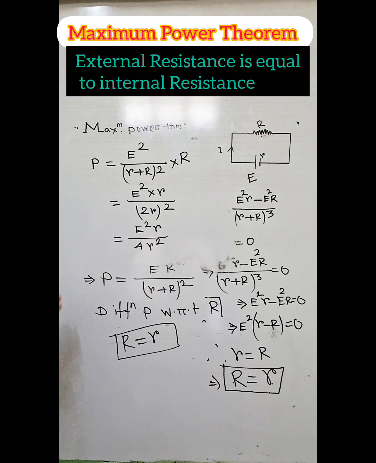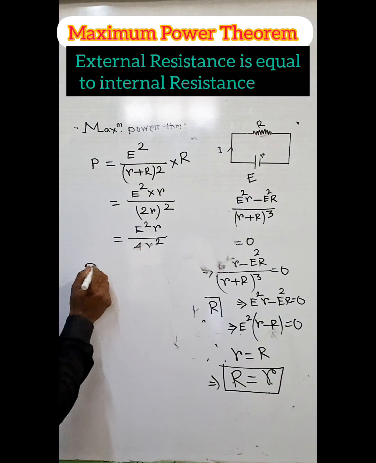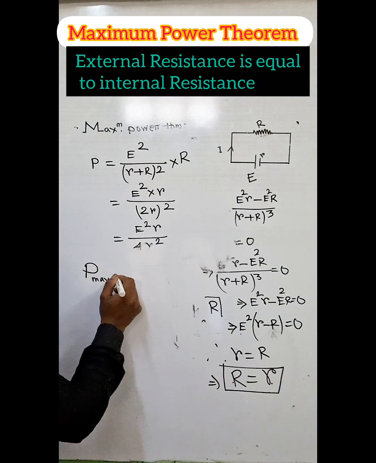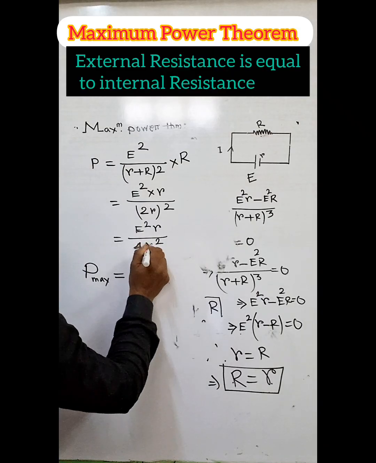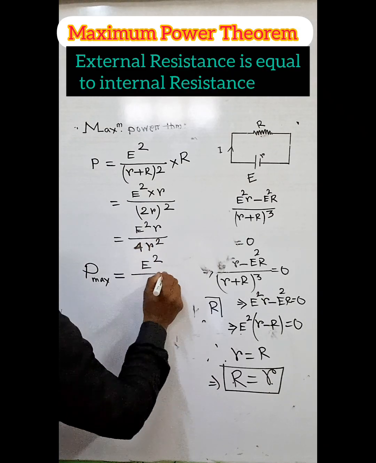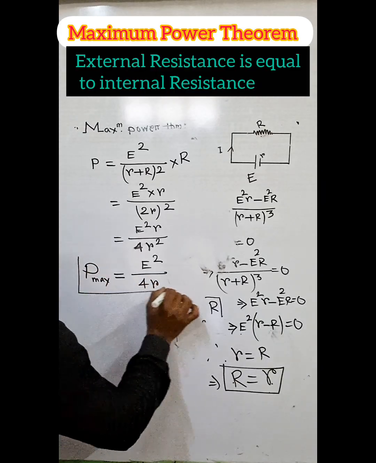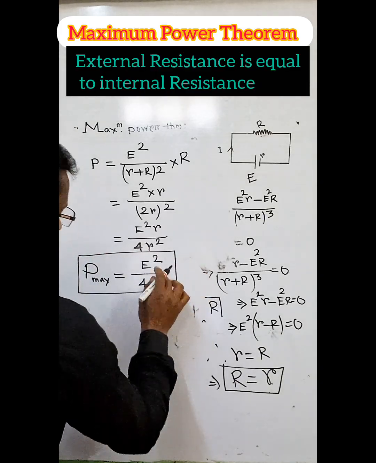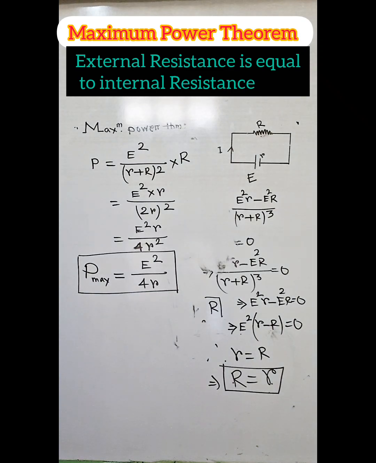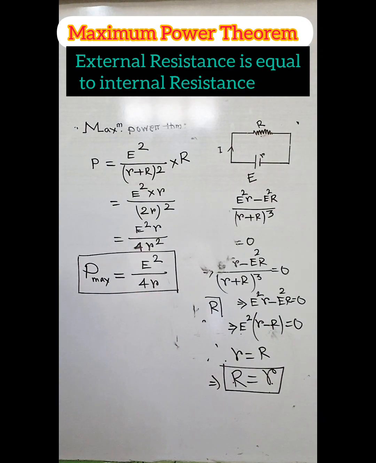Now one factor R cancels out, and this is the maximum power expression: E square divided by 4 times R. That is, EMF of the source squared divided by 4 times the internal resistance.